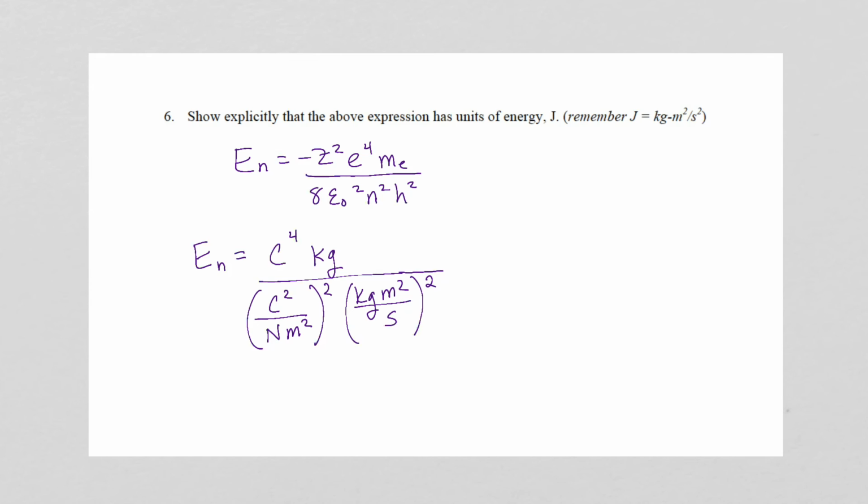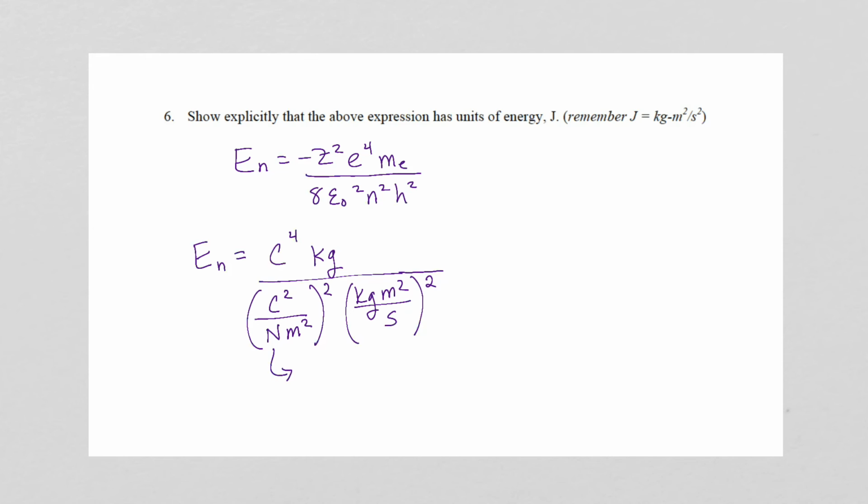Okay, so at this point, we're looking pretty good, except for this little Newton down here isn't really working out for us. So when in doubt, if a unit's not working out, check and see if there's alternative units you can use.